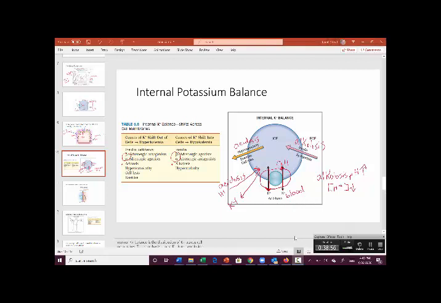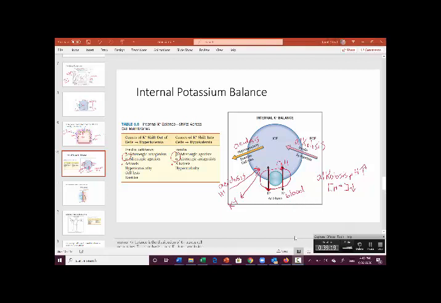How can osmolarity affect the shifting of potassium? Well, hyperosmolarity, increased osmolarity of the ECF, causes a shift of potassium out of the cell. The mechanism involves water flow across cell membranes, which occurs in response to the change in the osmolarity of the ECF.